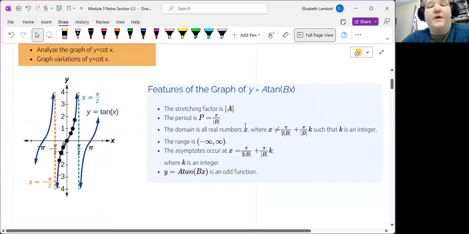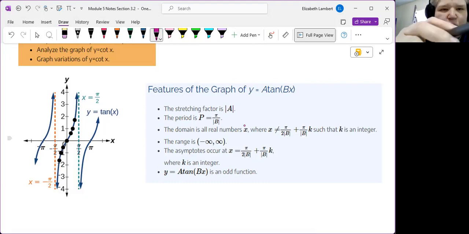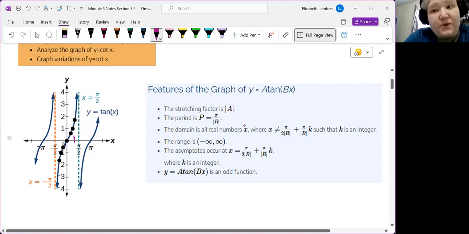All right, so our first graph here is tangent of x. So we can see tangent of x has a point at 0, 0. And then the other key point that they like to use is here. It's about halfway between 0 and the asymptote, so that is pi over 4.